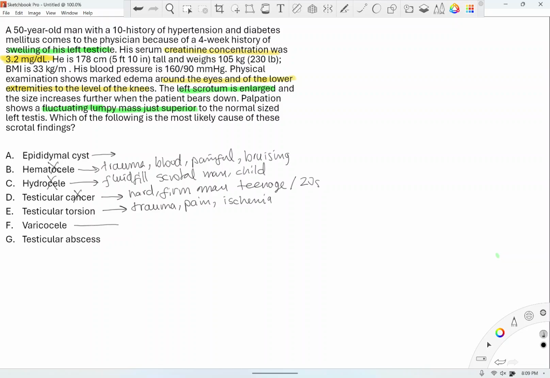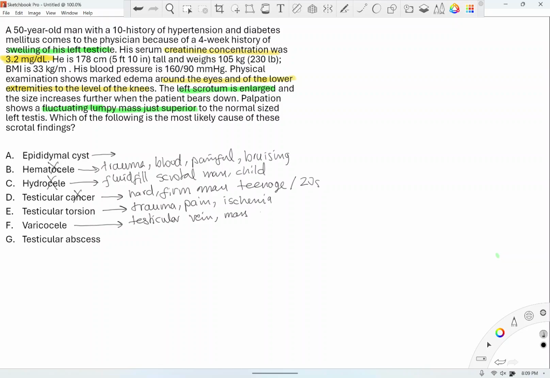Varicocele is a blockage of the testicular vein, and the accumulation, pooling of blood, can lead to edema. If the testicular vein is obstructed and blocked, it can lead to a fluctuating, fluid-filled mass, and this case scenario looks like that.